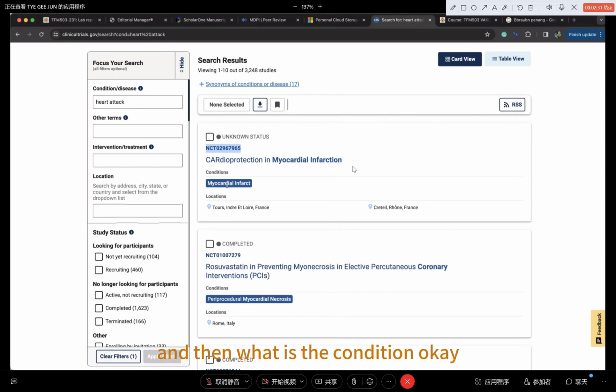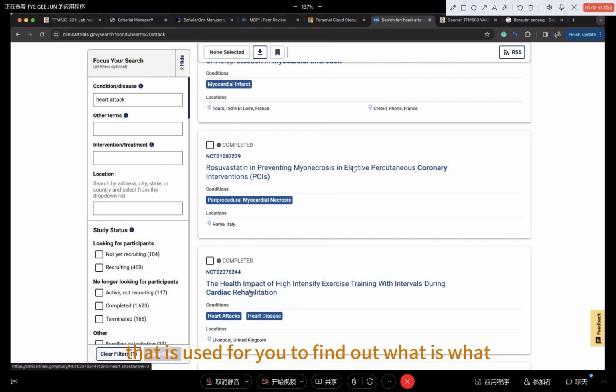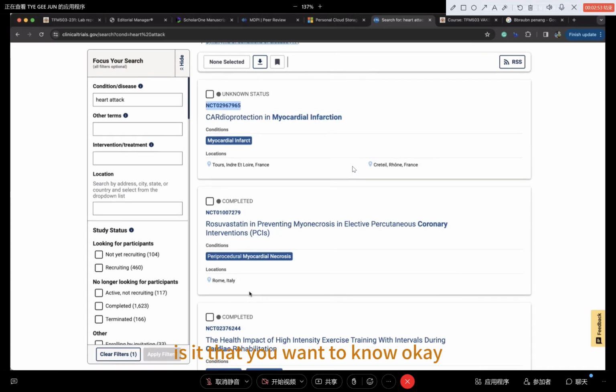And then what is the condition? Although we put heart attack, all these other conditions, if you look, this is myocardial infarction, this is periprocedural myocardial necrosis, and etc. So all of this is basically conditions or keywords that are used for you to find out what it is that you want to know.